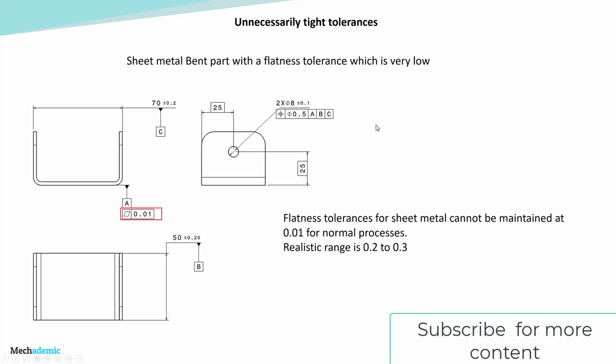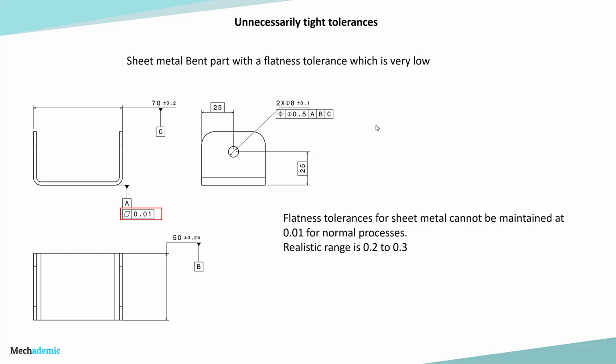So for flatness tolerances for sheet metal, if you see the general tolerance tables for manufacturing processes, the realistic range is within 0.2 to 0.3. For of course more precision we can have 0.1, but 0.01 for sheet metal processes is too low. It is not feasible.